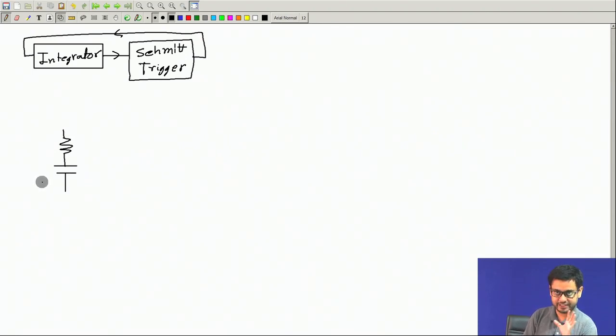Why? Because if you ground this and apply a voltage here, say VA, then this voltage, call this VC, which is the voltage across the capacitor, will also increase slowly. Okay? Why?